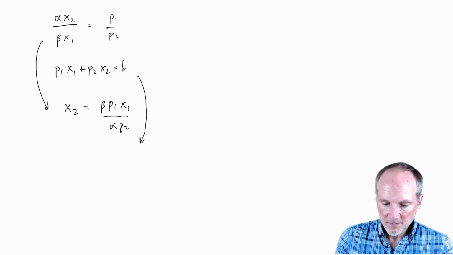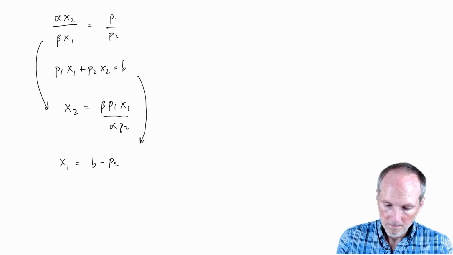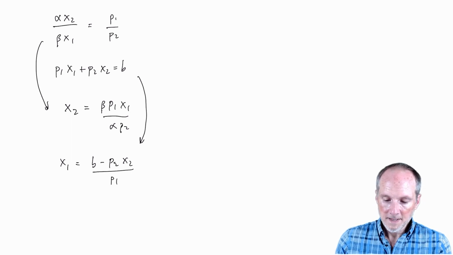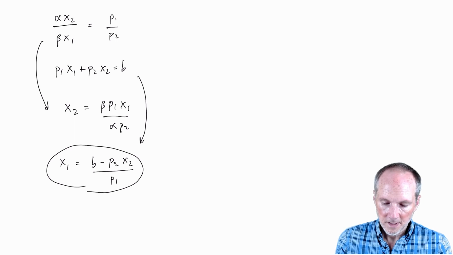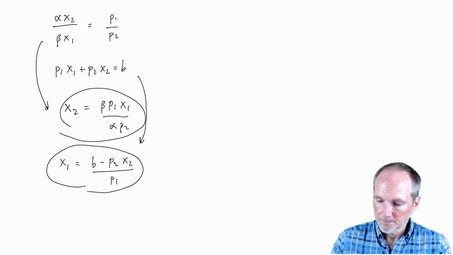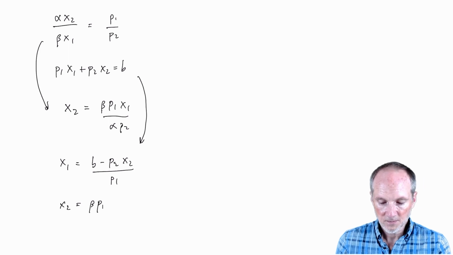The budget constraint, we can solve for x1 in terms of x2. Okay, and now I'm going to substitute this equation into this one. All right, so x2 is equal to beta p1 x1, right?